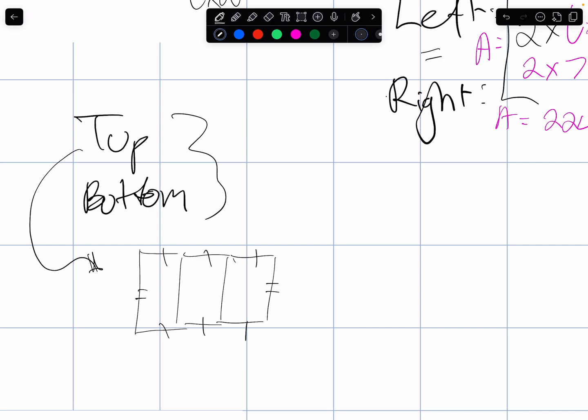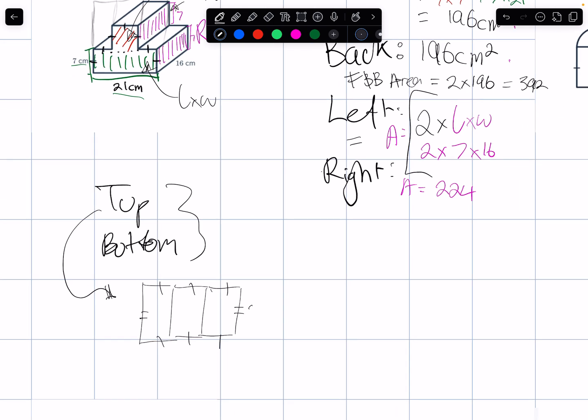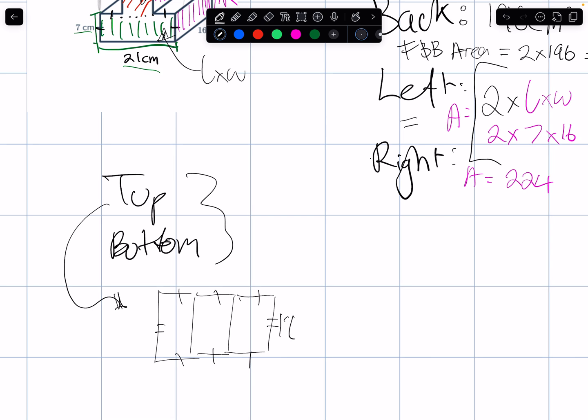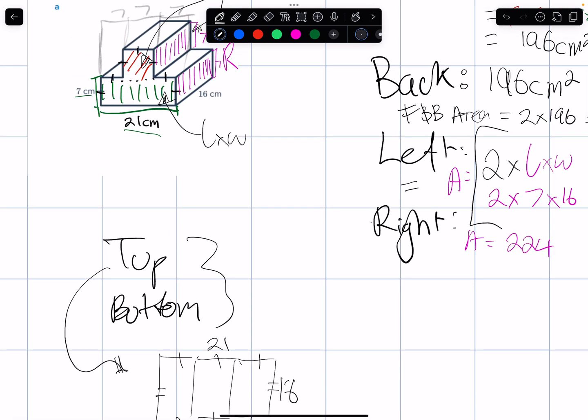Where this would be 16, and this would be 21, made up of 7, 7, 7, right? So the bottom and the top are actually the exact same. It's just that they look a bit different because you have an elevated platform. I reckon it's very, very cool.